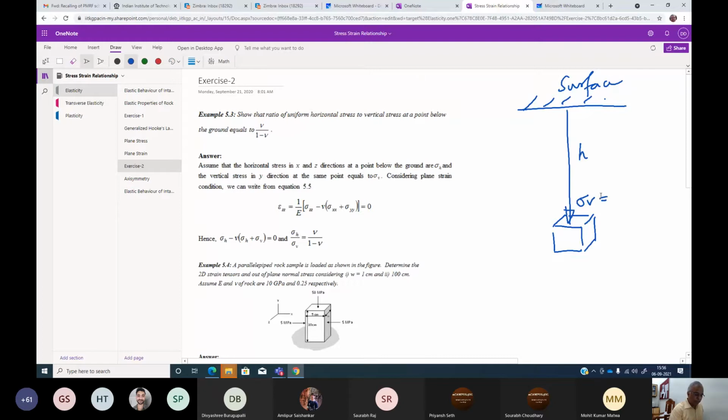Does anybody know what this sigma v will be? Let's say both of them are sigma h. Then prove that sigma h by sigma v is mu by 1 minus mu, where mu is the Poisson's ratio of the material, the rock here. Can you prove that?